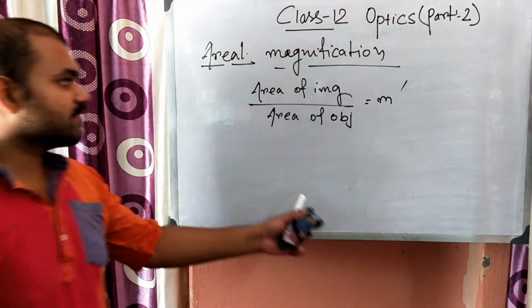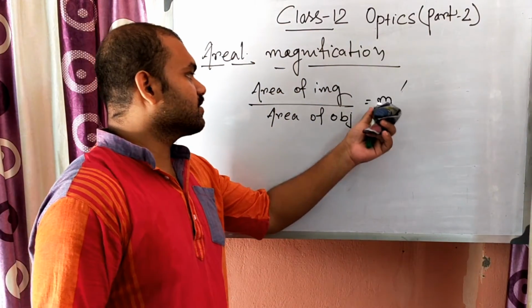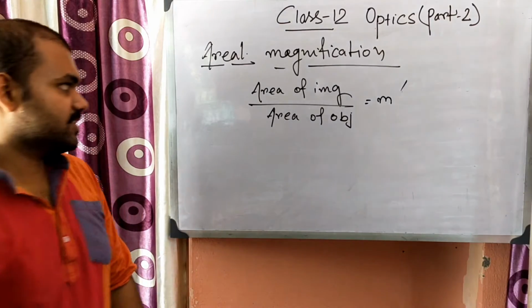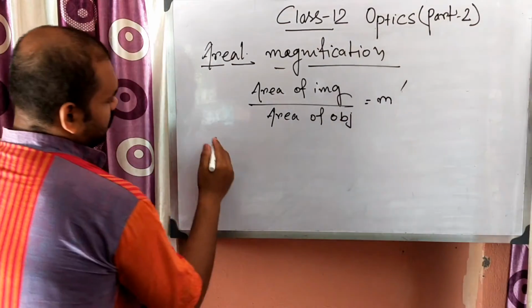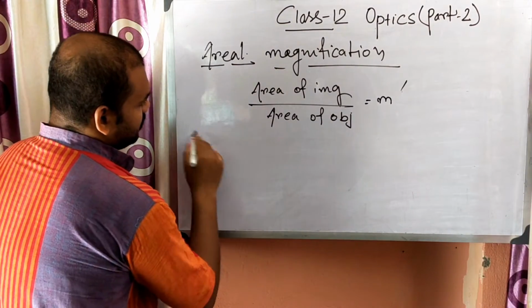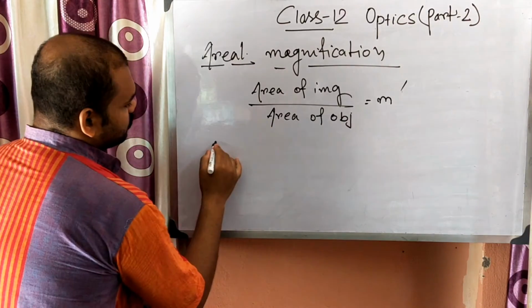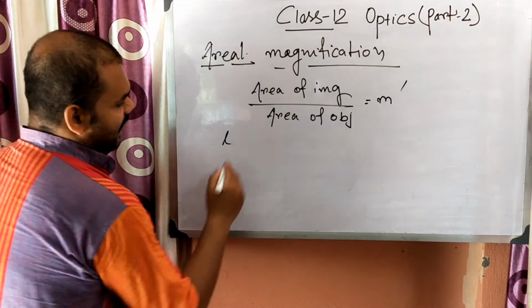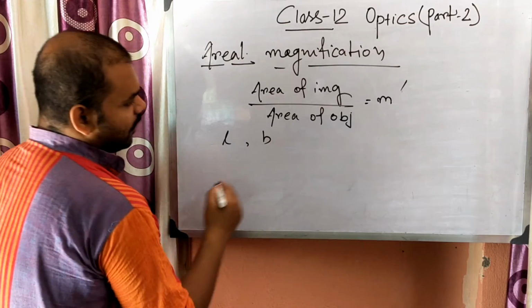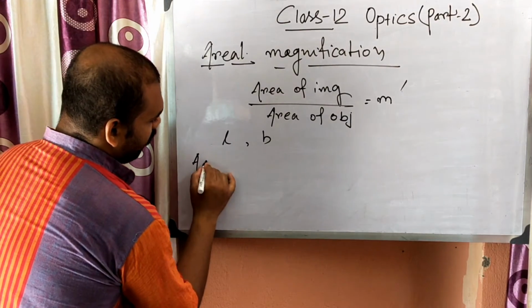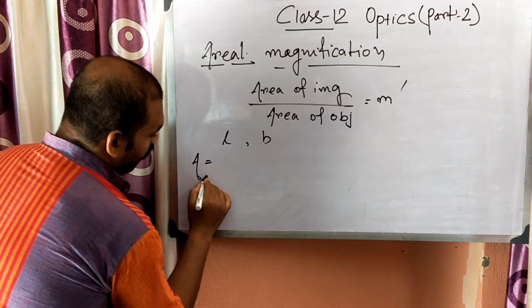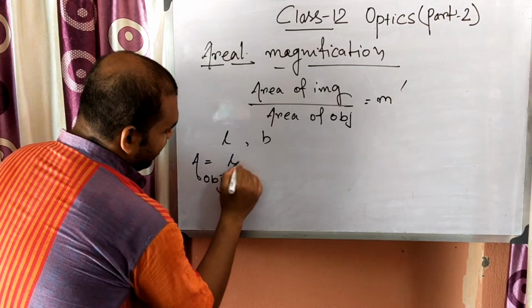Let us find out the relation between this and the linear magnification. Very easy. Suppose an object is placed on the principal axis so that its length is L and breadth is B. So what will be the area? The area of the object will be LB.